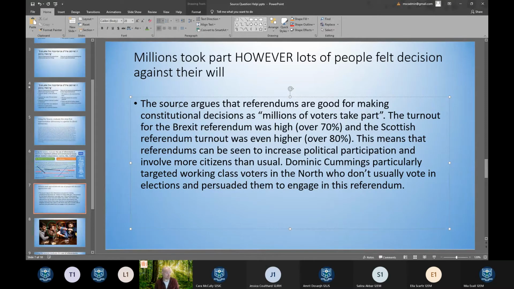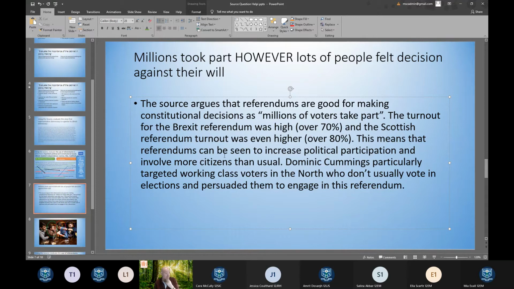The source argues that referendums are good for making constitutional decisions as millions of voters take part, in quotes. Expansion from me, the turnout for the Brexit referendum was high, over 70%, and the Scottish referendum turnout was even higher, over 80%. Own knowledge to build it up.